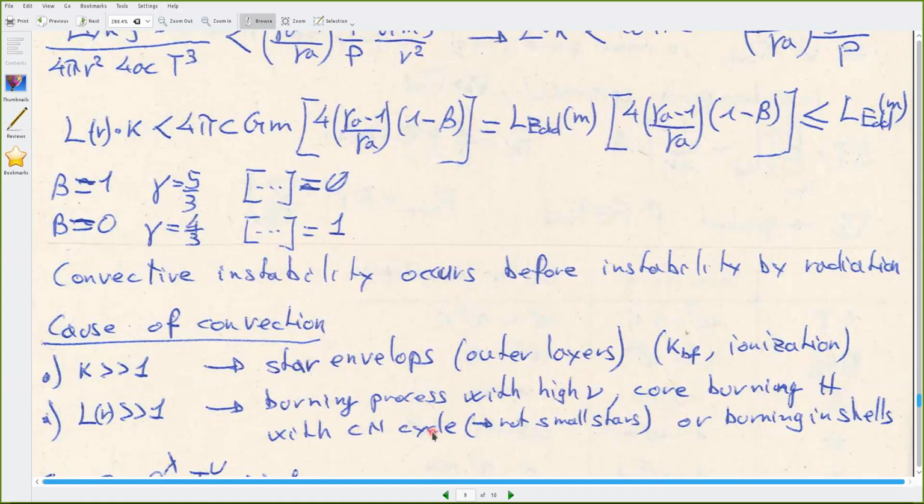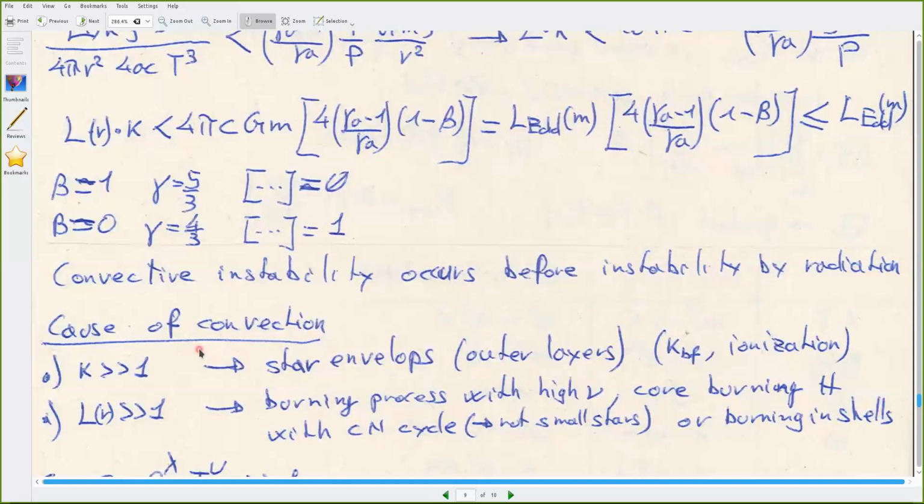The PP cycle is not so strong in the energy production, so not present in small stars. We need usually to be two solar masses or more, or also burning in the shell. The burning shells are usually going with the CN cycle or helium burning that are really depending on the temperature, and can produce a lot of energy in that small area.